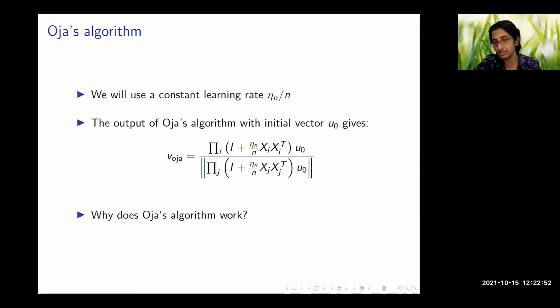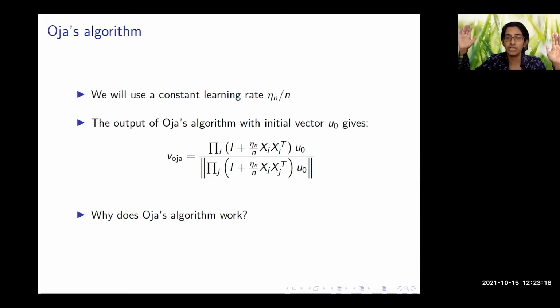My learning rate, eta t, I'm just going to fix at something like eta n over n. This eta n is something that's growing very slowly with n. Now, if you look at Oja's algorithm with some initial vector u0, the final thing ends up being something very complicated like this. What's happening here in the numerator is a bunch of matrix products.